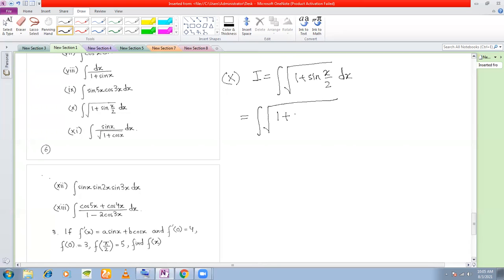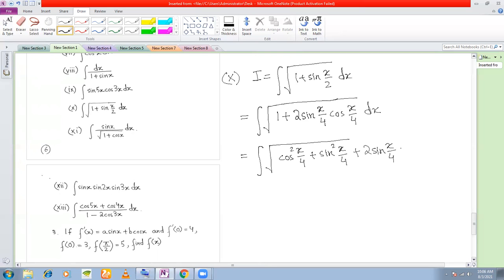So what you do is, from your submultiple angle formula, you can write sine x by 2 as twice sine half of x by 2, which is x by 4, cos x by 4. You've got the 2ab term. Now, one here, you can replace this by cos square x by 4 plus sine square x by 4. And this 2 sine x by 4 cos x by 4 remains as it is.